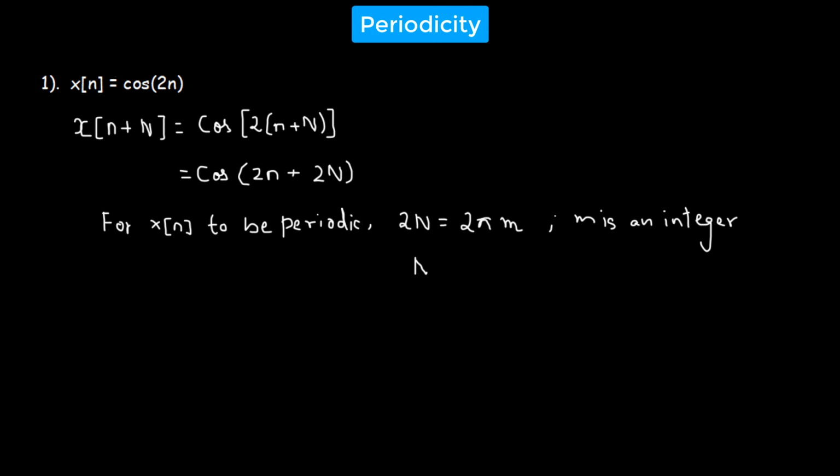So from here we get N equals 2 pi m over 2, the 2 and 2 cancel out, so we have pi m. Now we have to select some special value of m such that this product pi m becomes an integer, but there is no such value of m which will make this N into an integer.